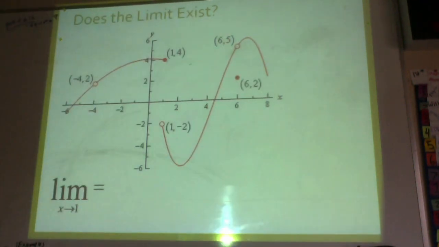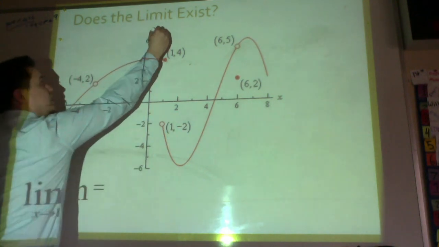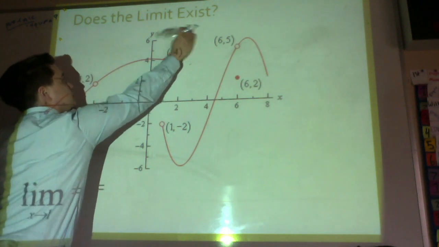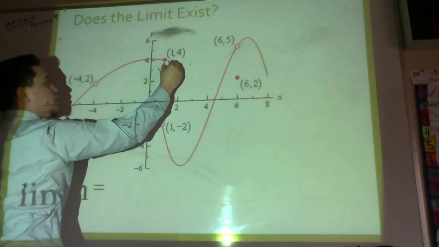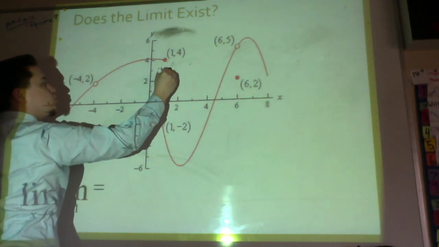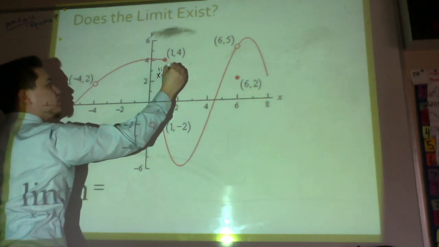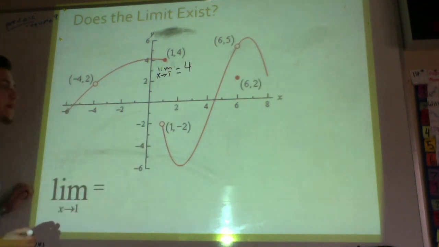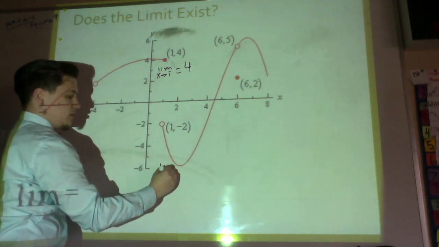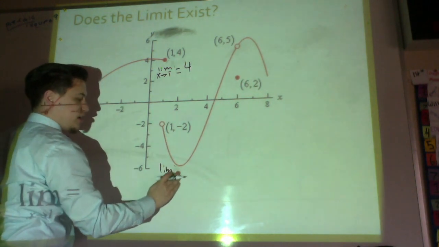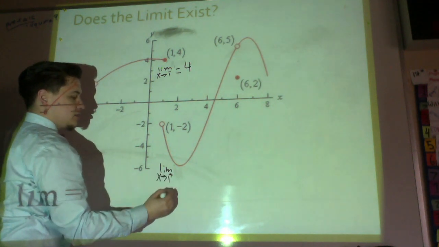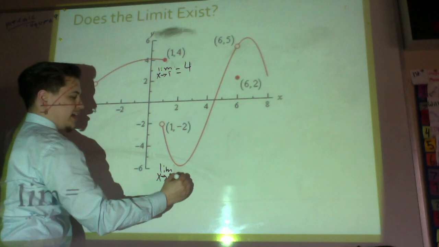The limit as x approaches 1 from the left is equal to 4. Now, if we follow this, the limit as x approaches 1 from the right is equal to -2.